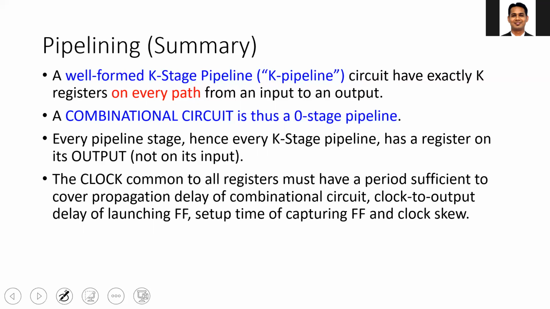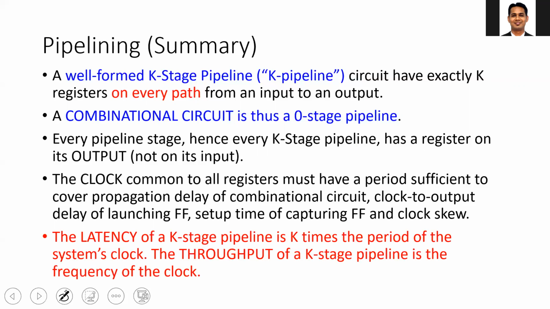Hence, we don't consider those factors while calculating the corresponding clock period. So latency of the K-stage pipelining is K times the period of the system clock. And throughput is nothing but 1 by clock period, that is the frequency of the clock.